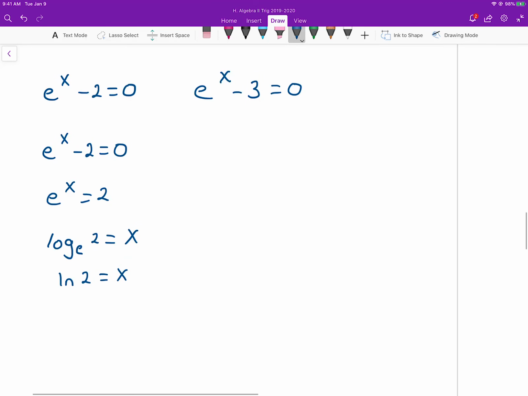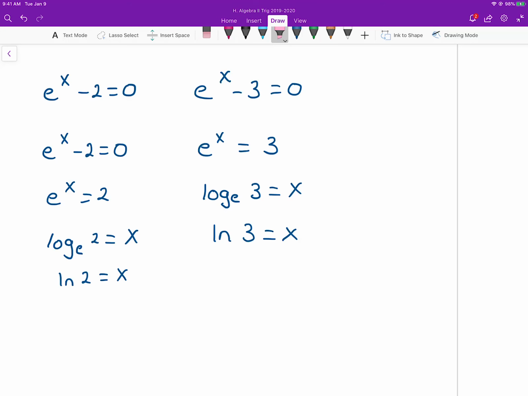I'm going to do the same thing for our other factor and have e to the x will equal 3, and that will be log with base of e, 3 equals x. Another natural log of 3 equals x. So we have two answers for this.